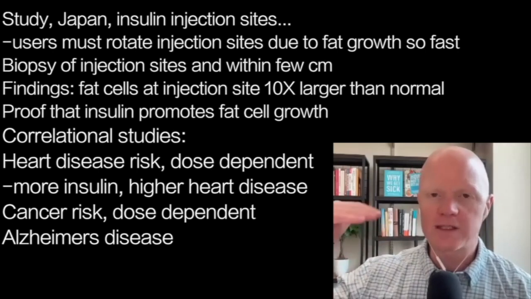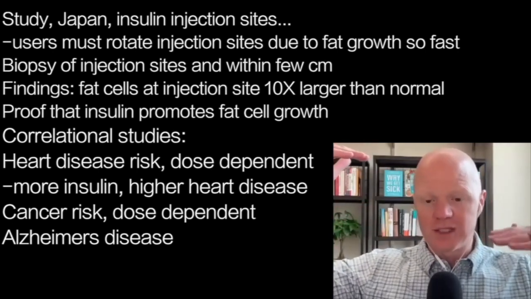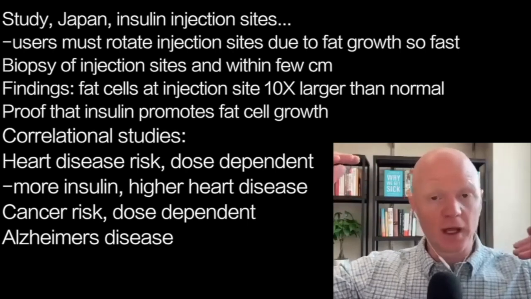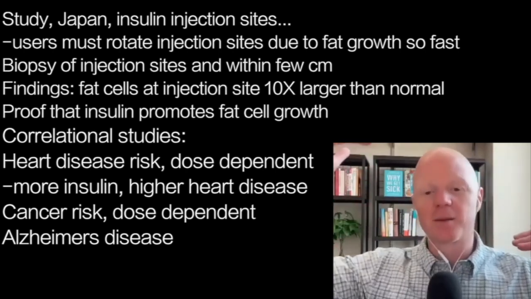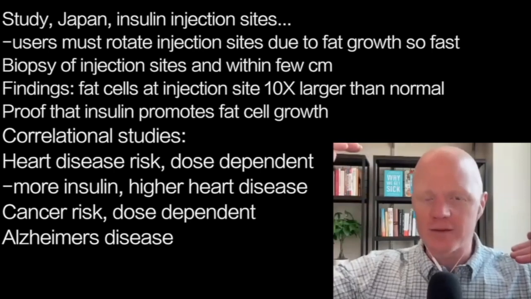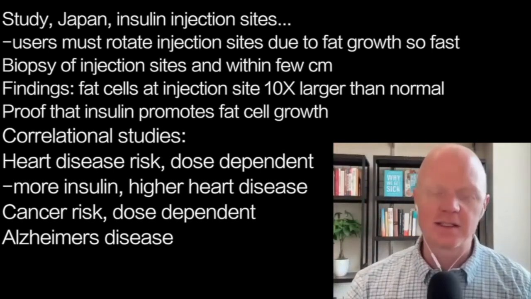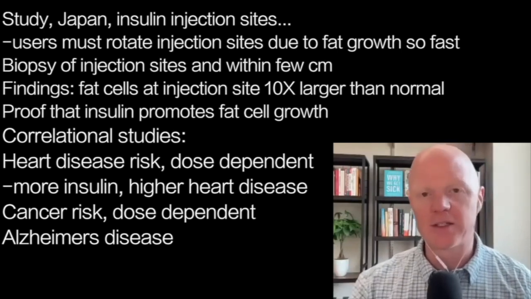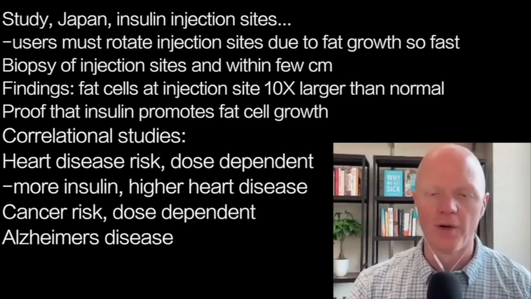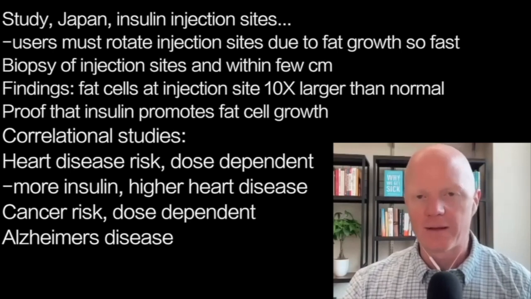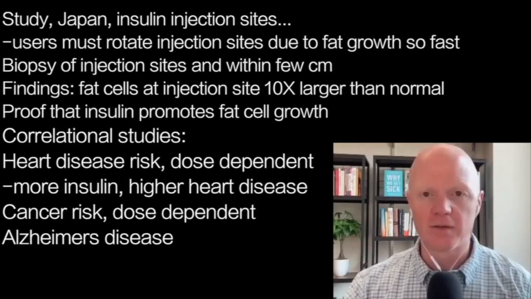The more insulin someone has to inject to keep their glucose in check, which is to say, the more insulin resistant you are, and now you're pushing your insulin up to almost super-physiological levels, the more likely you are to die from heart disease. And this is directly contributing to hypertension, dyslipidemia, atherosclerosis, and more. So again, giving the type 2 diabetic insulin is going to increase their risk of heart disease.